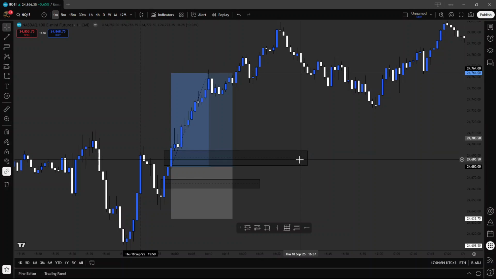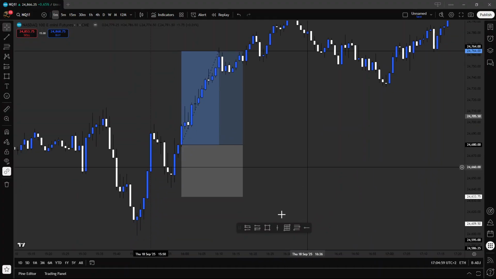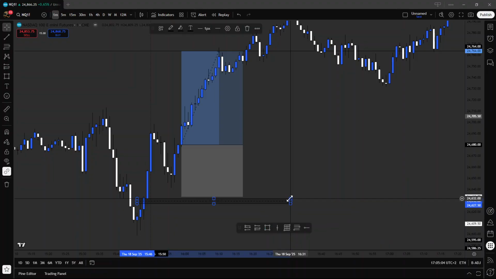So I was not focused on those gaps to be filled because I was already in a trade, but I kept in mind those gaps because they might have been filled in the future.